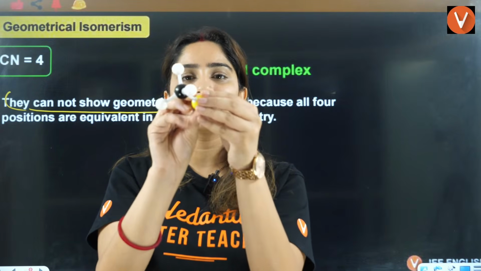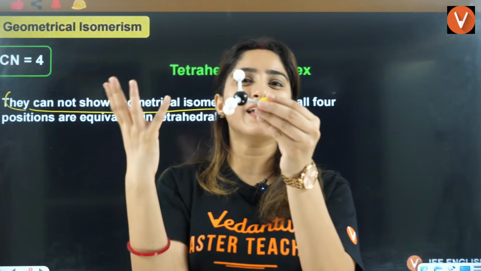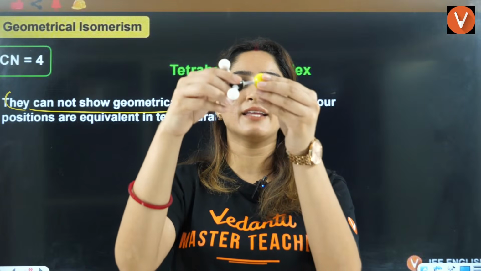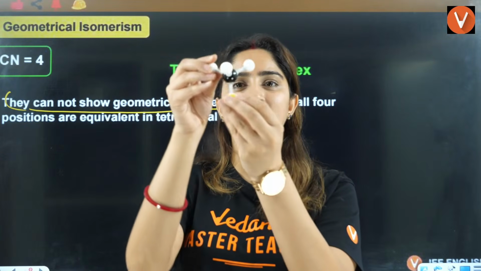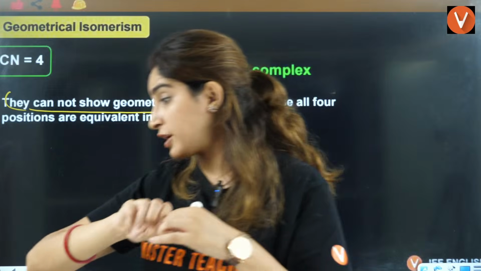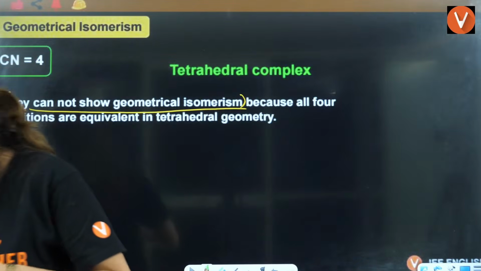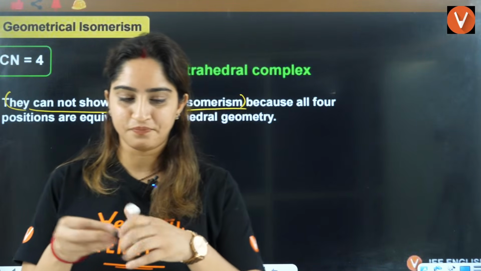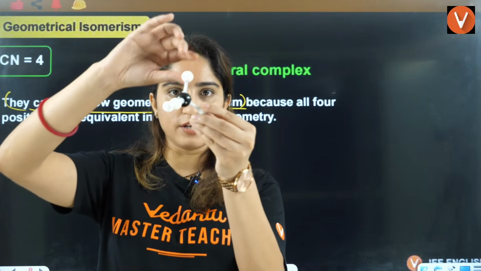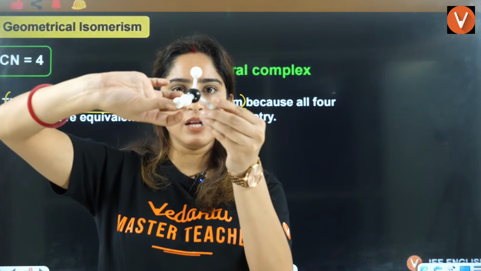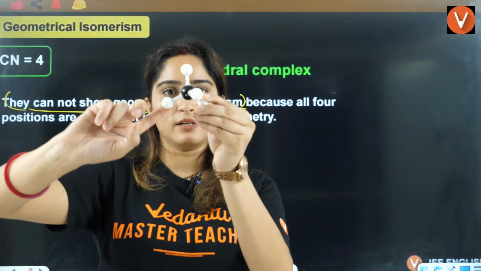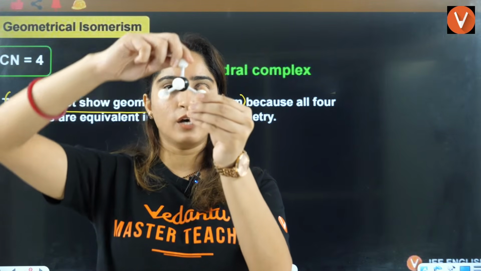If you place it like this, does it make any change? Or I will show you like this. You tell me one thing. This is the tetrahedral complex. Now I will put this particular atom on the upper side.